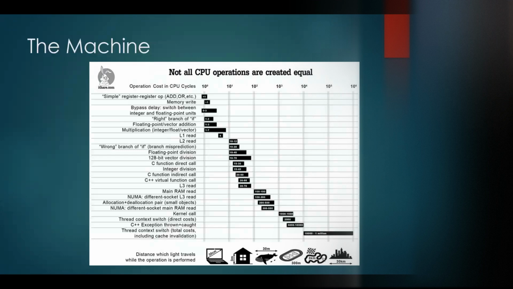A last one that I want to call out, kernel call, down here between 1,000 and 1,500 cycles. What's a kernel call? Reading a disk. Yeah, what else? Network card. Yeah, network. So every time I'm checking if I have data on a socket, I'm paying that.